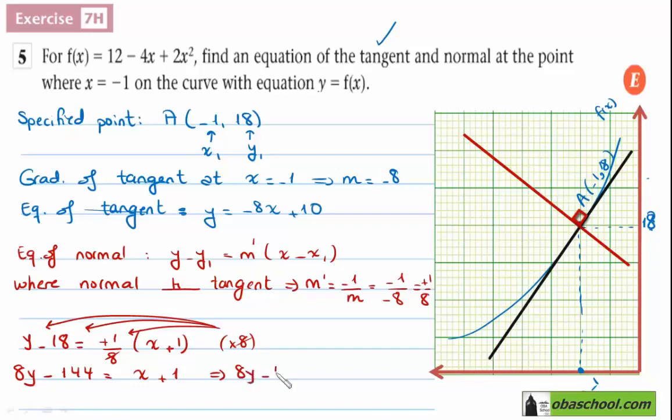Now let's rearrange the equation, so we get 8y minus 144, and we are going to move all of the terms on the other side to the first side. So it's minus x minus 1 equal to 0. This is equal to 8y minus x minus 145 equal to 0, which is the equation of the normal line at the point A to the curve f of x.